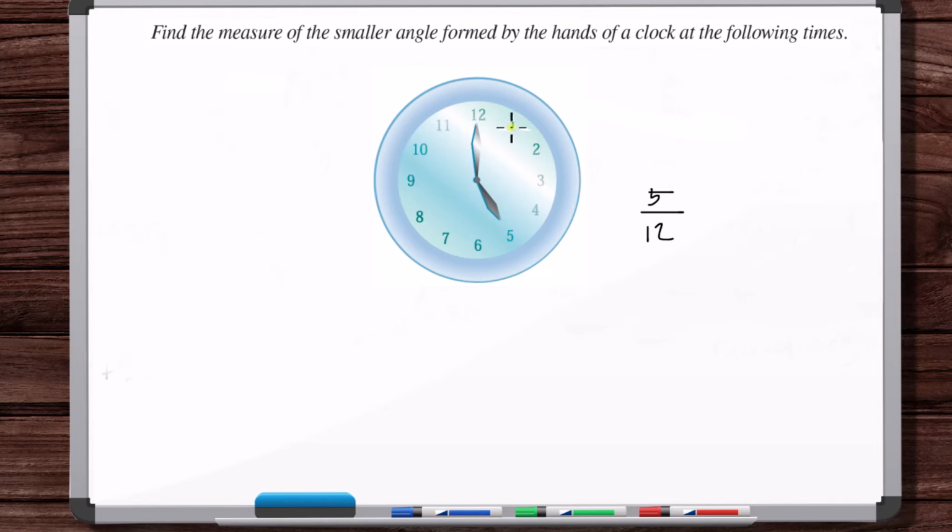We've gone 5/12 of the full rotation around the circle, but one full rotation in terms of degrees is 360 degrees. So we just want to take this fraction of 360. Okay, 12 times 3 is 36, so this is going to be 30. Okay, 30 times 5 is 150. This angle here is 150.